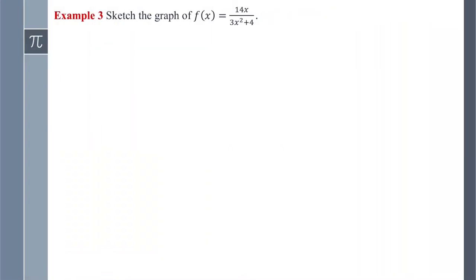So here again, let's go ahead and find the domain. This requires a little bit more space, so I'm going to write really small. This is a rational function. To find the domain of a rational function, we set the denominator equal to 0 and see if there's any point where the function is undefined. But since we have x squared here, we are always going to get a positive number.